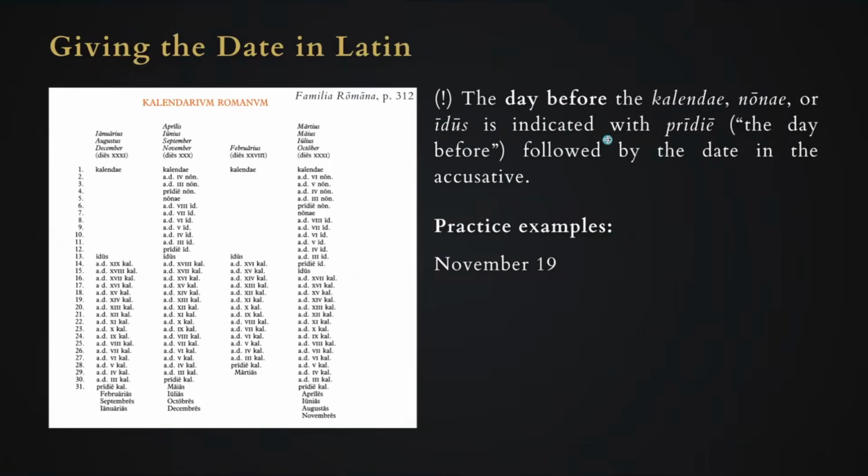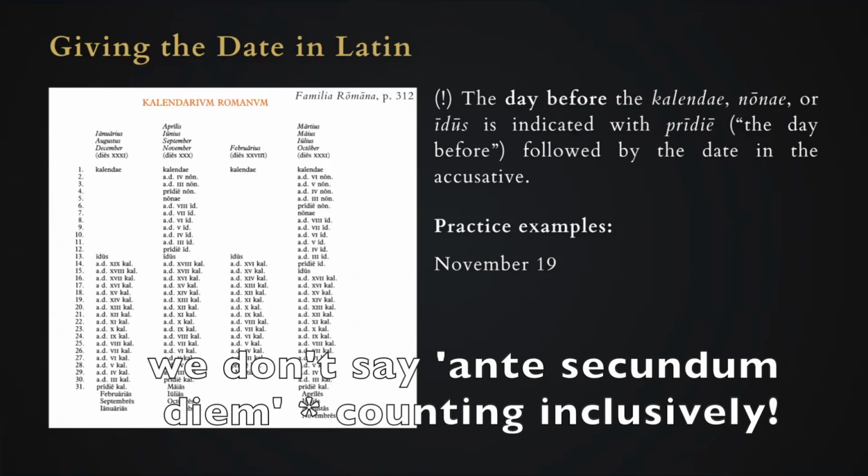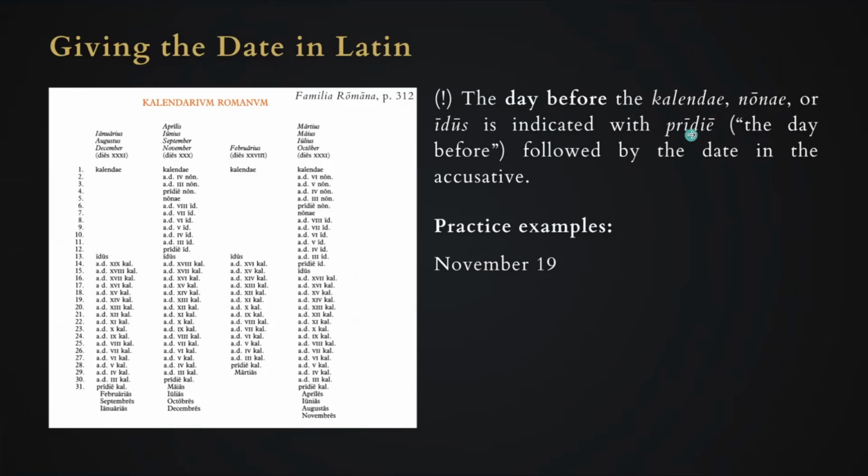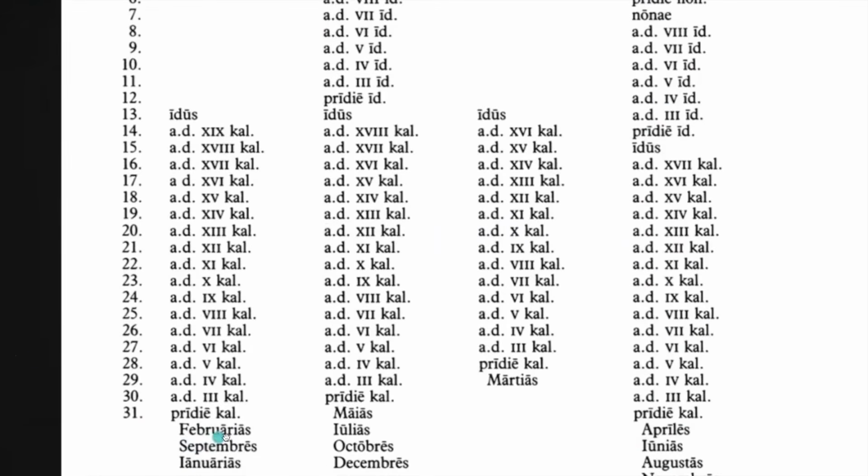One last thing to make things easier or more complicated according to the point of view. The day exactly before the calendae, nonae or idus, we don't say ante unum diem. We don't use that. We say pridie, which literally means the day before. We say pridie followed by the date in the accusative. So that's why you find here that before the calendae, that is the last day of the month, in this case, pridie calendas februarias.